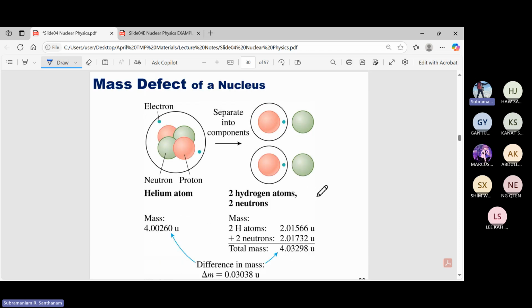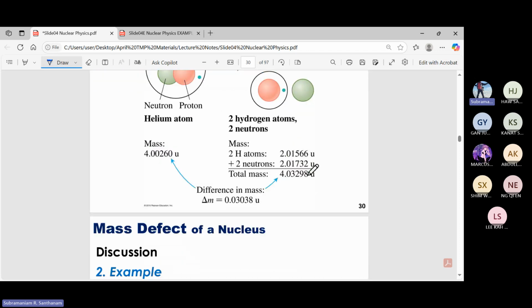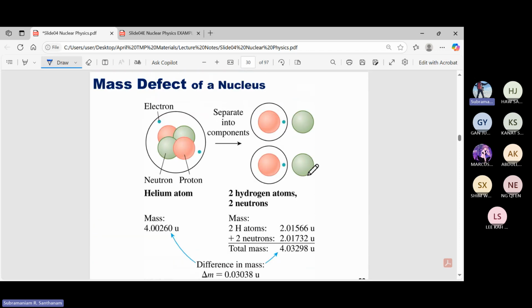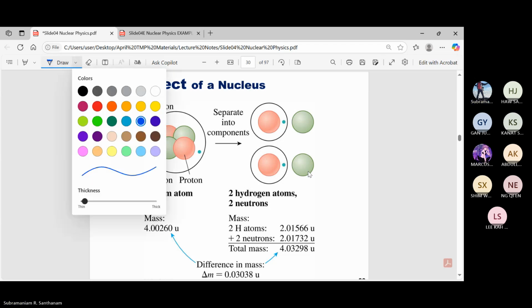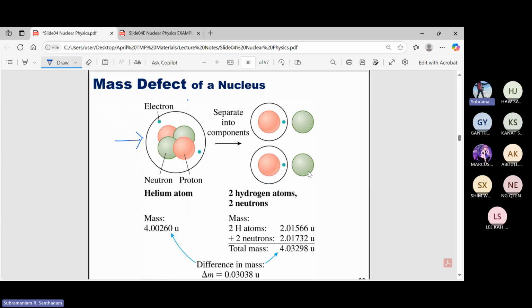So here, this gives you a much clearer picture of the idea. If you look at the atom here, this is the whole atom.